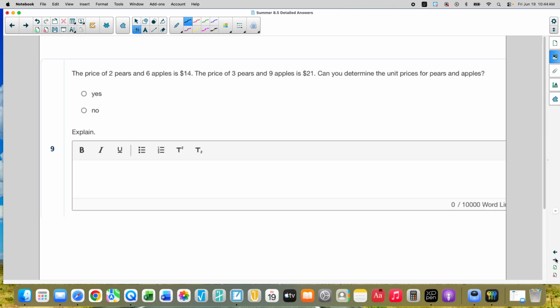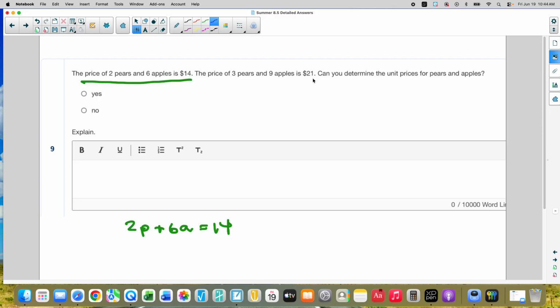The price of 2 pears and 6 apples is $14. The price of 3 pears and 9 apples is $21. So we're going to write two equations for this. 2 pears plus 6 apples equals $14.